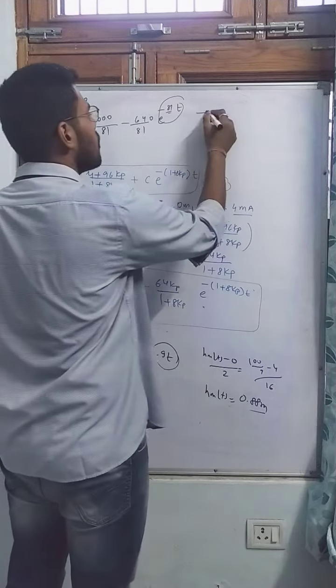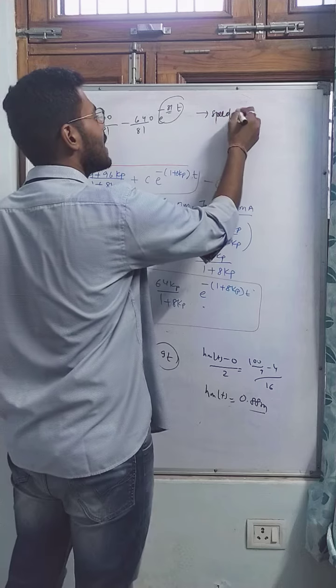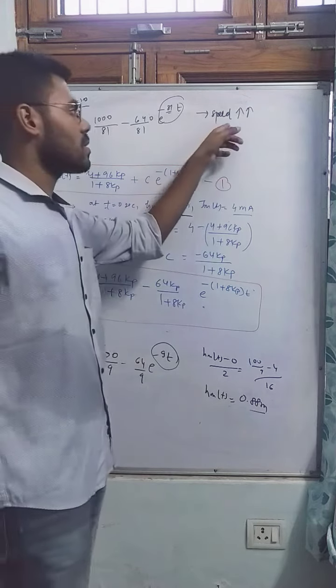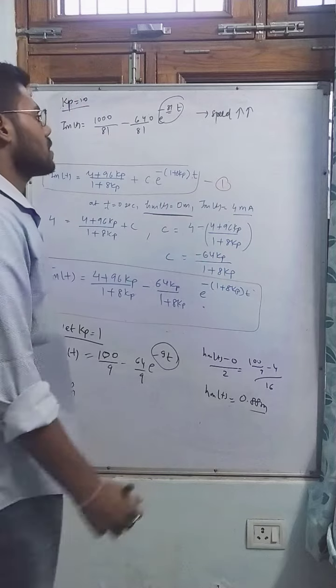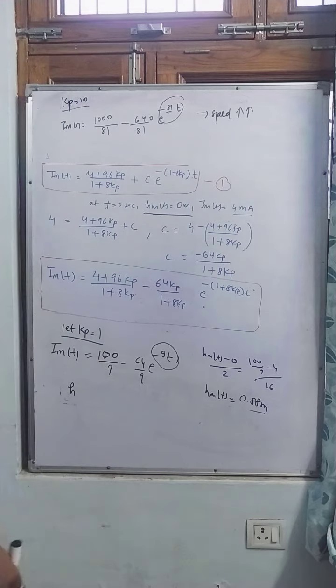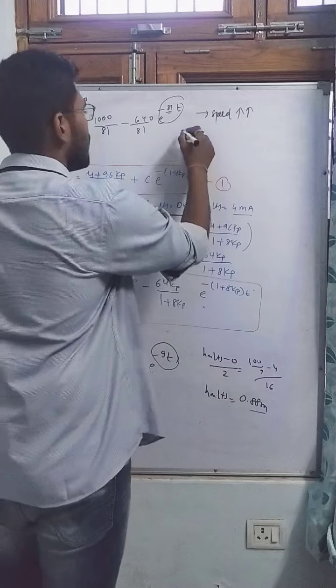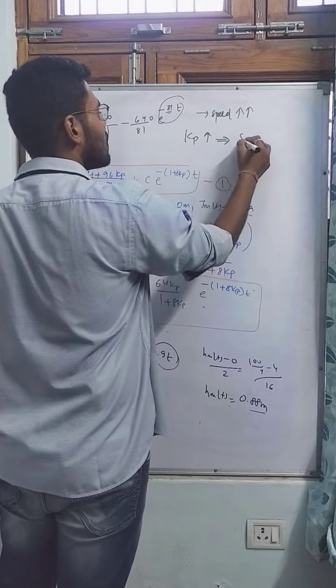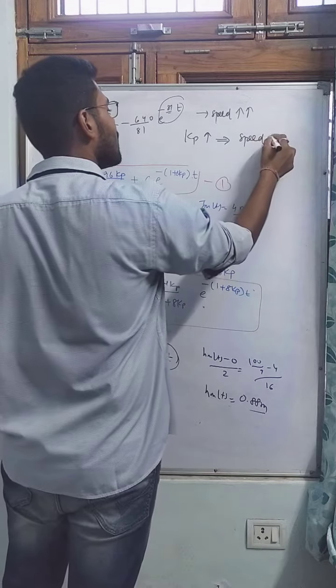That means your speed has increased. As you increase the value of Kp, the speed of the system increases. You are getting a fast response. Yes or no? So Kp is increasing, that means speed is increasing.